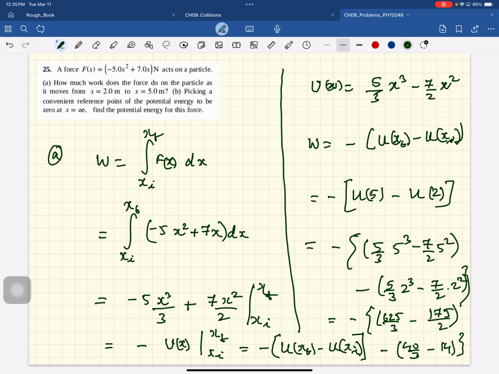All right, so you can calculate that. So here is the potential energy function that they ask you for in part B.